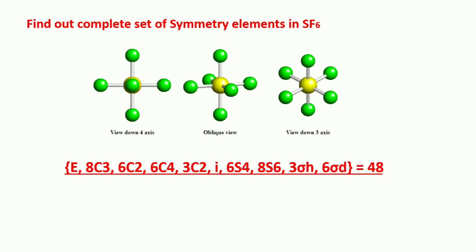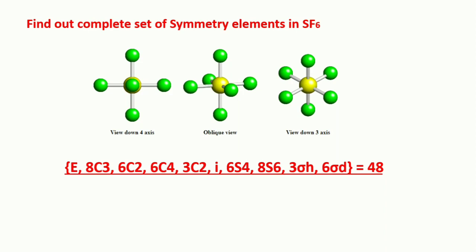From now on, I would like to show the 3D structure of this SF6, because from these positions it is quite difficult to find out all the symmetry elements and operations in this molecule, because we are unable to find out the complete set of symmetry elements through these diagrams.